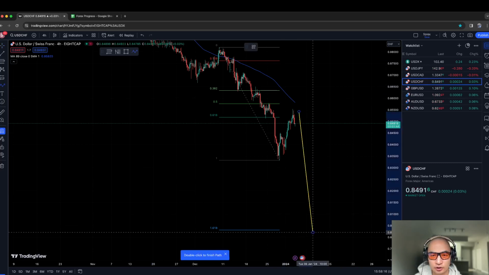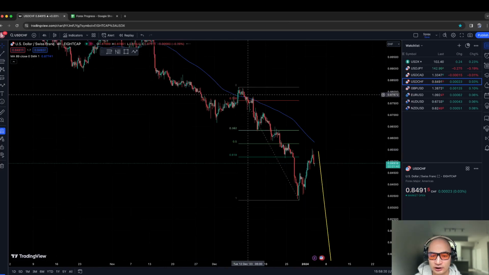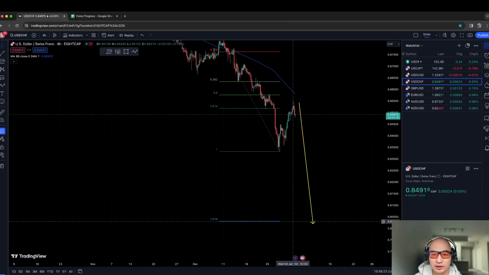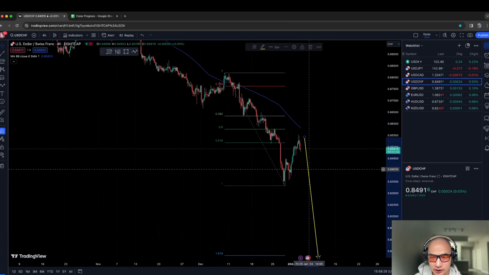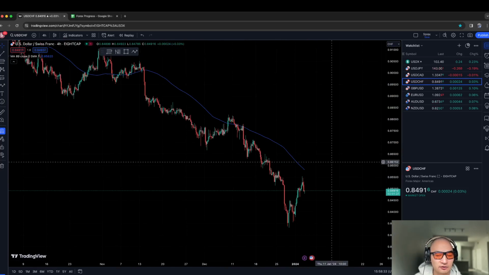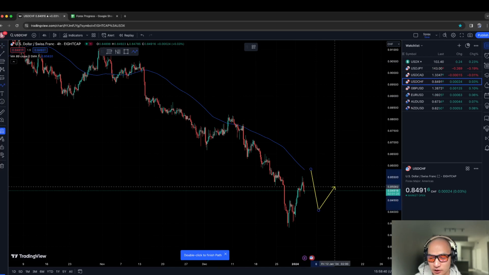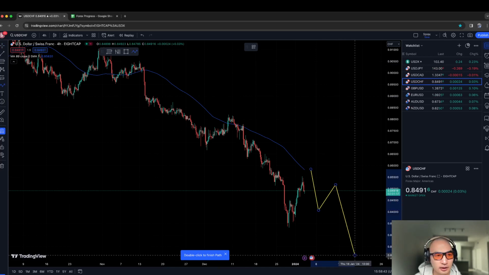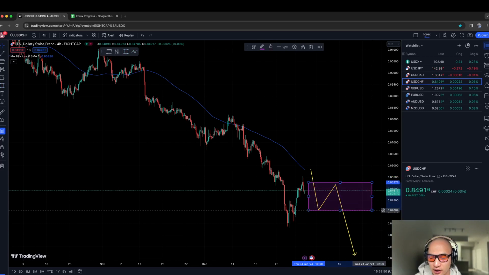To reach the Fibonacci extension, the next wave has to be that big. It's just unrealistic, guys. So what I expect is that if the dollar continues to weaken against the Schweizer franc, it will start to go down, then some retracement, then it will go down again. So on these retracements, I'm going to enter my sell trades.